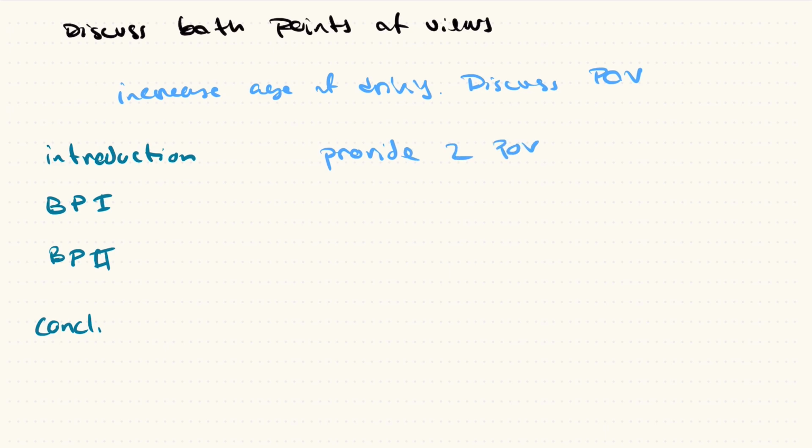And then in body paragraph 1, you provide point of view 1, essentially increasing the legal age for driving. In this one, you can talk about the benefits and you can make something up. Studies showed that increasing the legal age for driving increases safety.